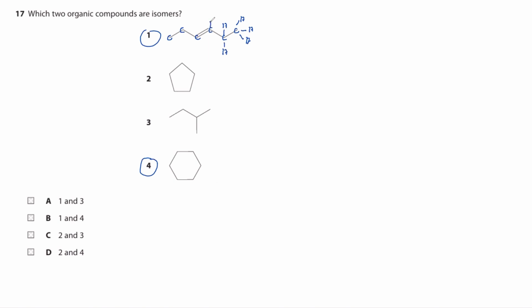This carbon has 3 bonds already, so I'll put 1 more. Here they have 2 bonds already, so I put 2 more hydrogens. This one has only 1 bond, so I'll put 3 hydrogens. If I count the number of carbons, it's C6, and hydrogens: 1, 2, 3, 4, 5, 6, 7, 8, 9, 10, 11, 12, H12. The molecular formula is C6H12.